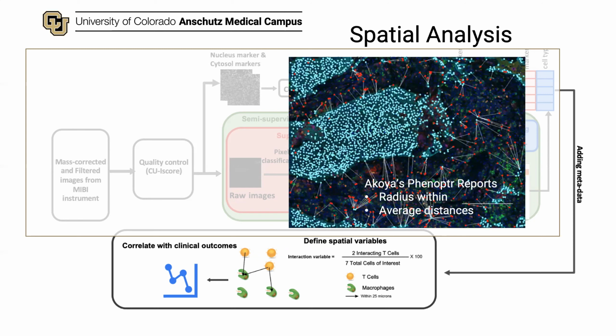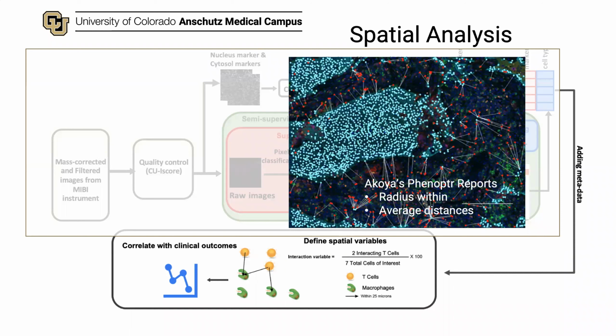So one thing that Chris is working on at the current moment is getting that CSV file, the giant text file that's exported, to be compatible with Akoya's Phenopter reports that we use for Inform data. It's a really nice open source software that very nicely summarizes all of the data across all of your slides. And it does a rough analysis of spatial analysis.